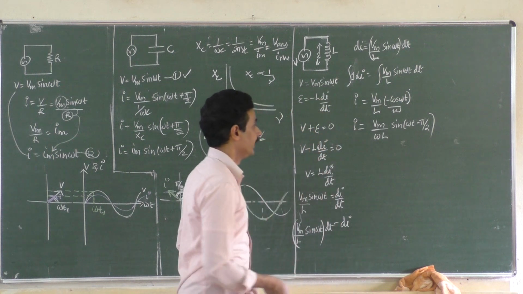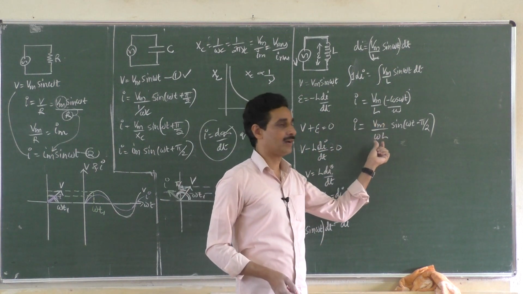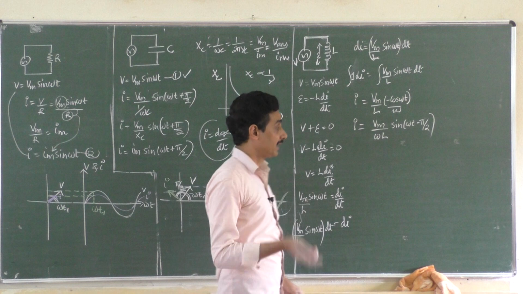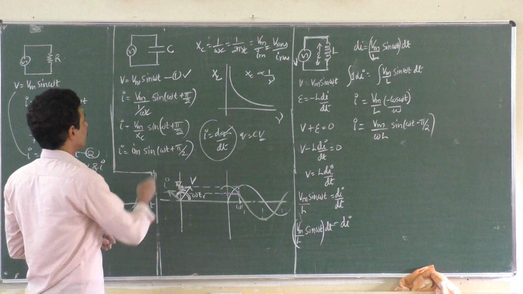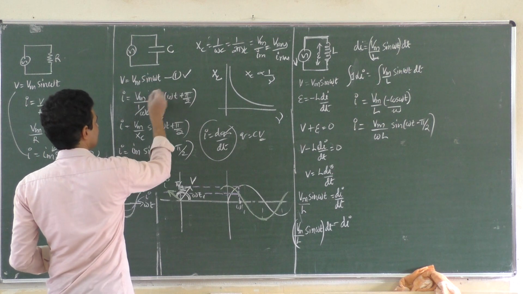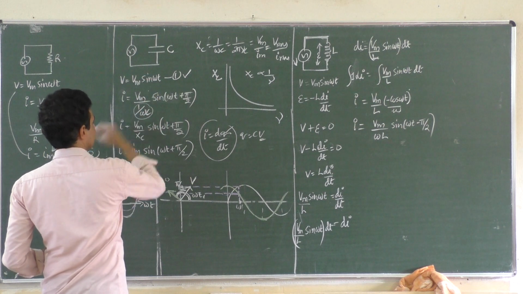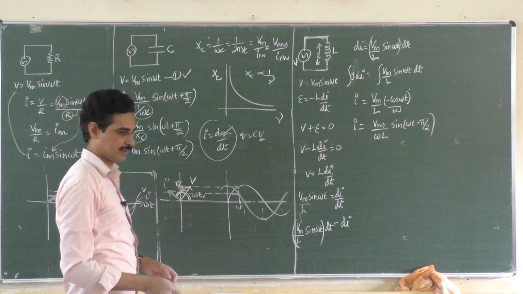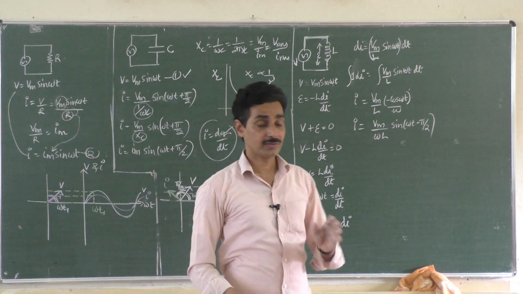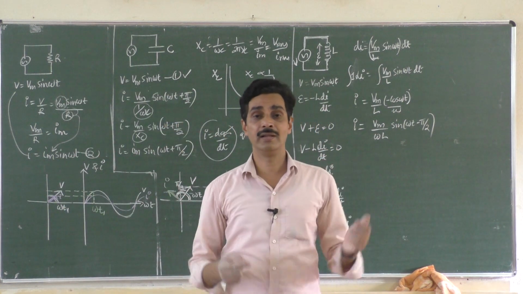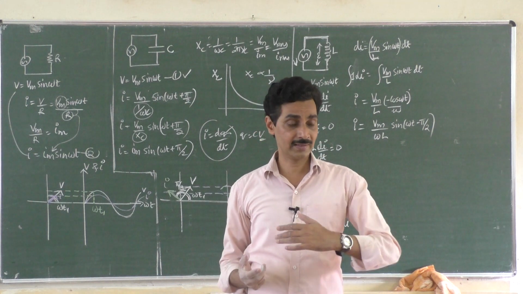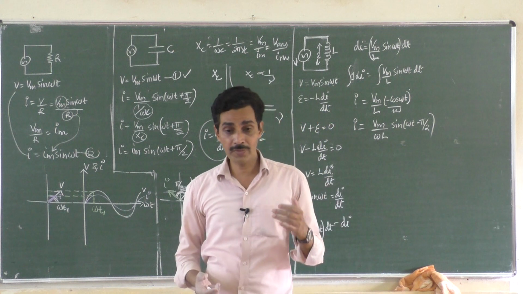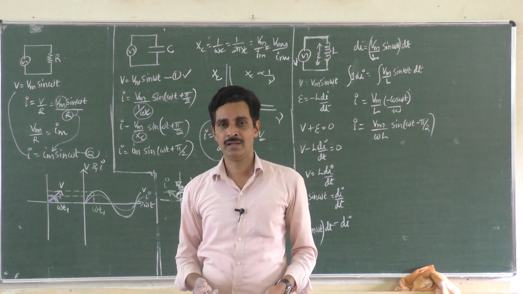Now you see here, we have the peak value of voltage divided by some term. Last time in the capacitor, we struggled to get something here. It was Vm into omega C, something like that. We brought it downwards and took it as the capacitive reactance. Now, an inductor is an ideal coil. It shouldn't have any resistance. But when an inductive coil is connected to an AC, it opposes the flow of AC through it.